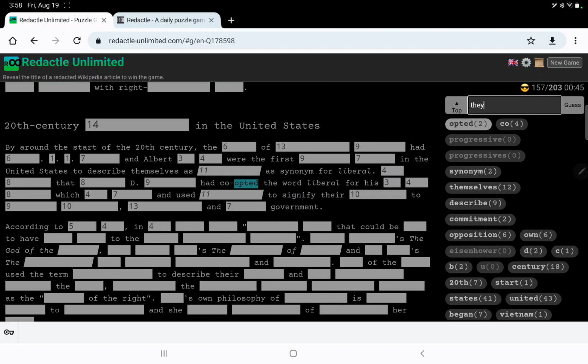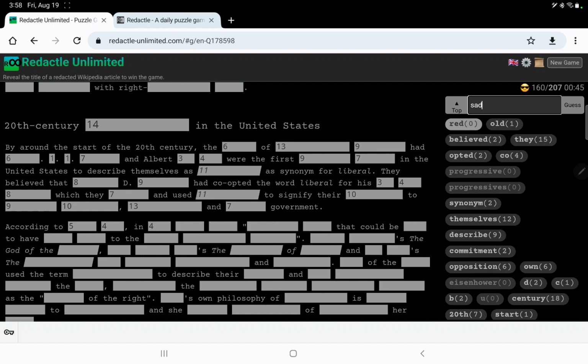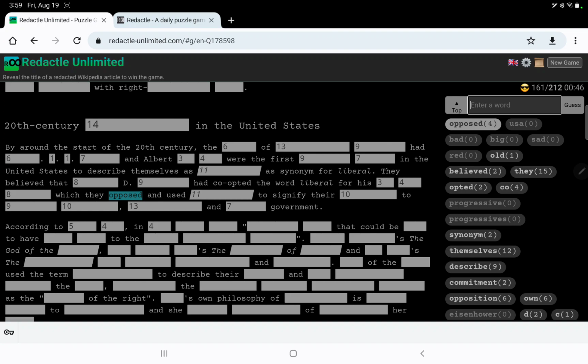4, 8. They believed that somebody D, not Rockefeller or something D, for his old, no, for his red, for his sad little, no, for his big, bad, for his USA, no, for his, oh my goodness, co-opted the word liberal for his 3, 4, 8, which they opposed, and used 11 to signify their opposition.